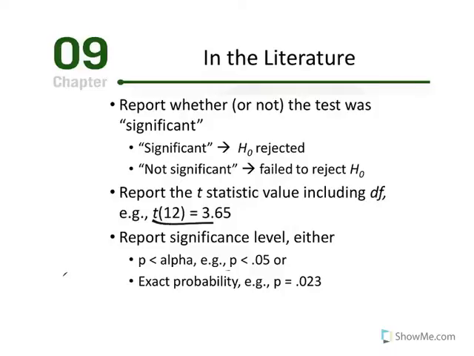And then we report the significance level, either p is less than alpha or p is less than 0.05 to be more specific. Exact probability is something that you could include, but I'll demonstrate exactly how you will see it in APA format and how you will see it illustrated in your homework problems, quiz items, or exam items.